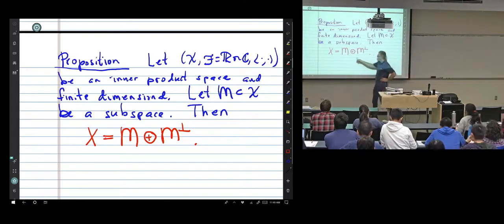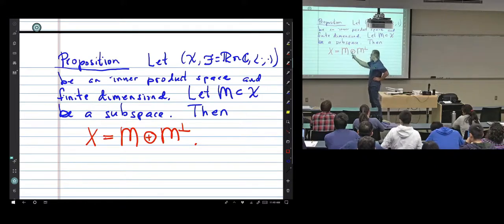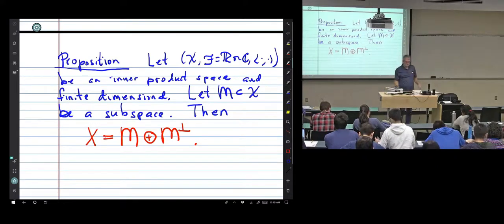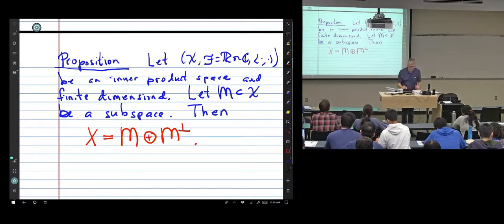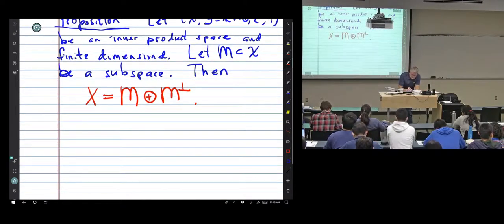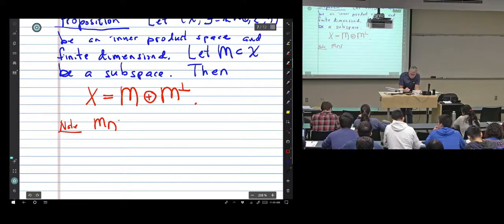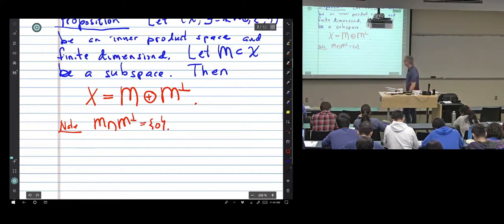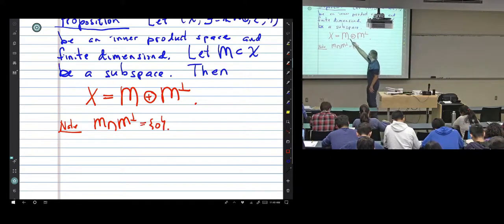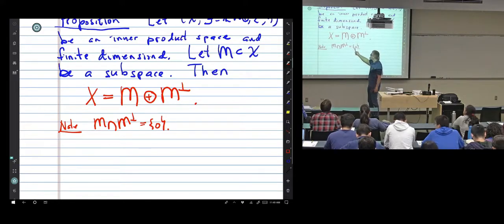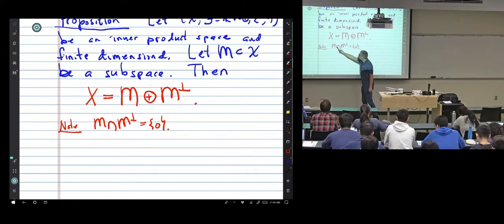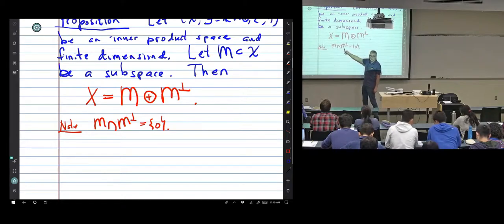If you think about it geometrically, it makes total sense. And remember, the direct sum means the intersection has to be the 0 vector. Well, if x is in here, and little x is in here, then x is orthogonal to itself.